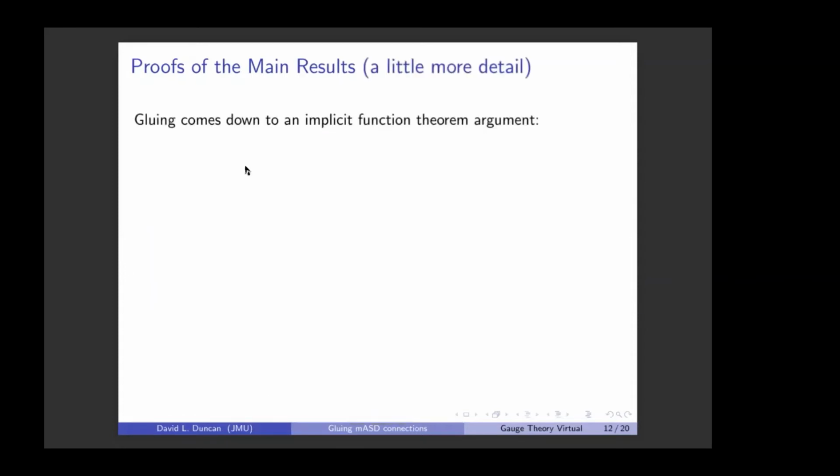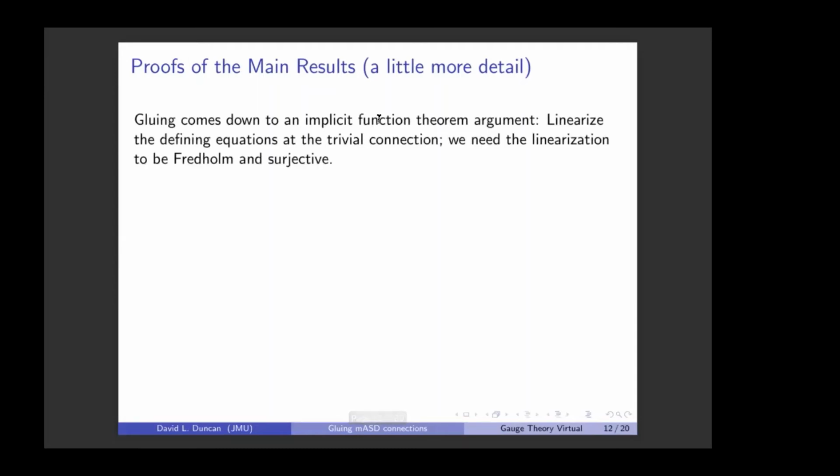So I want to give a little bit more detail about how this gluing procedure looks, and also how it differs from the ASD world. Ultimately, it comes down to an implicit function theorem argument, and for that you want to linearize the defining equations, and for us it'll be at the trivial connection in this context of gluing in a bubble. And then you want the linearization to be Fredholm and surjective, as I sort of said several times.